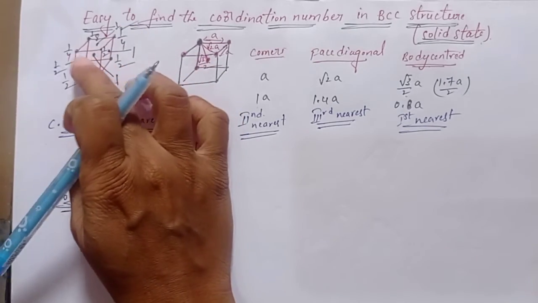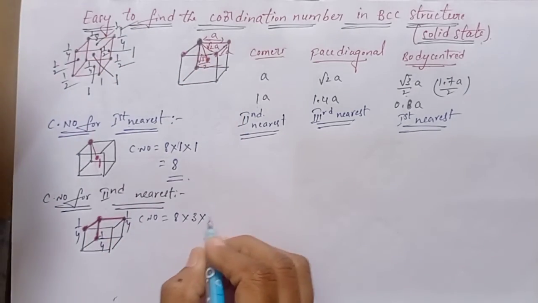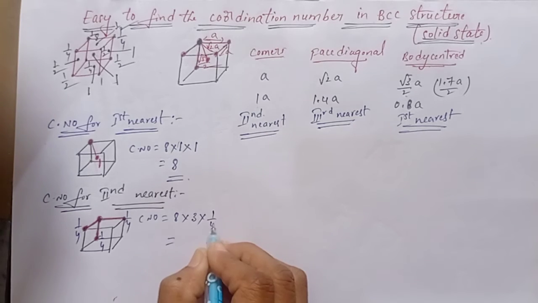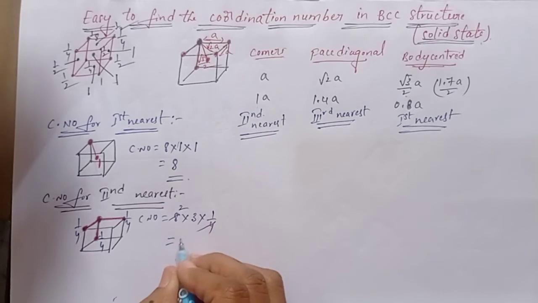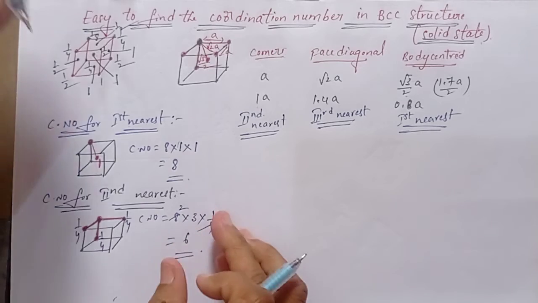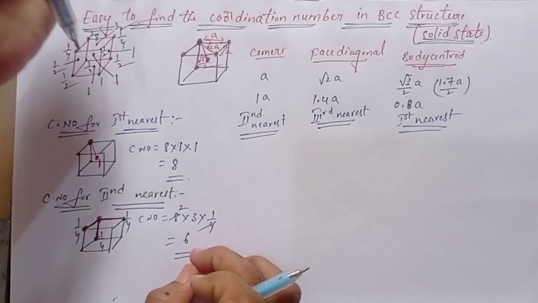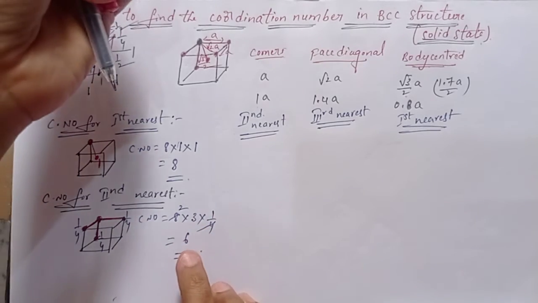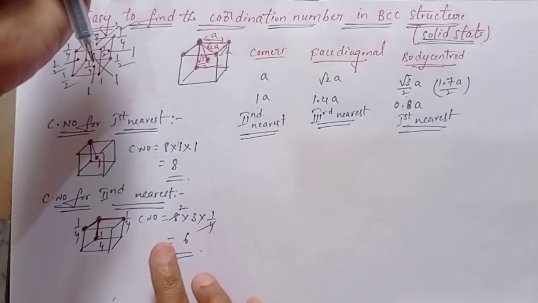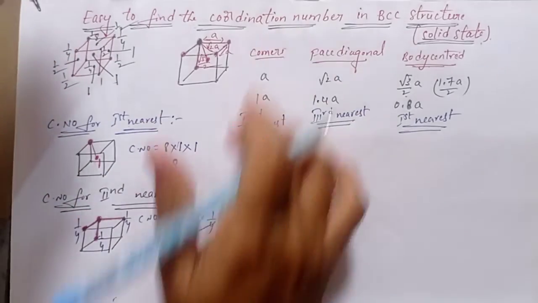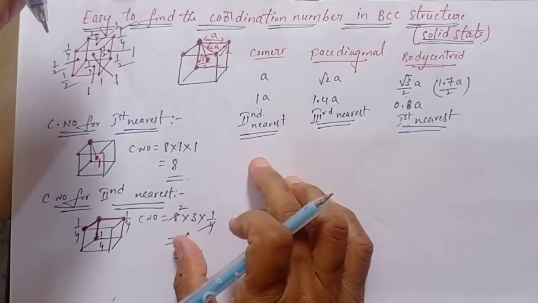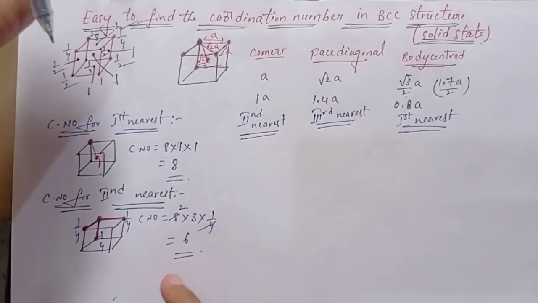Then 4 twos are 8, 2 threes are 6. That means for the second nearest, 6 corner particles are very nearest to the considered particle. So this is the second nearest.